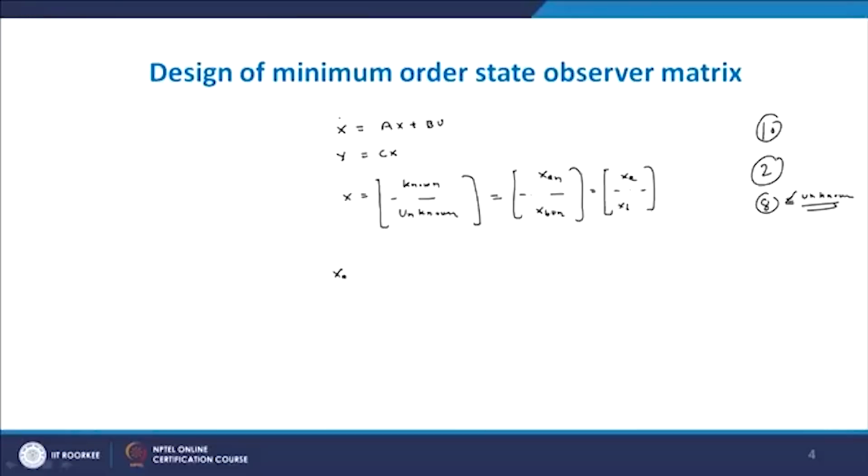Therefore, we can write x a known equal to x a, which is a scalar quantity, equal to y, that is directly measured, and x b unknown equal to x p, that is the unmeasurable portion of the state vector.